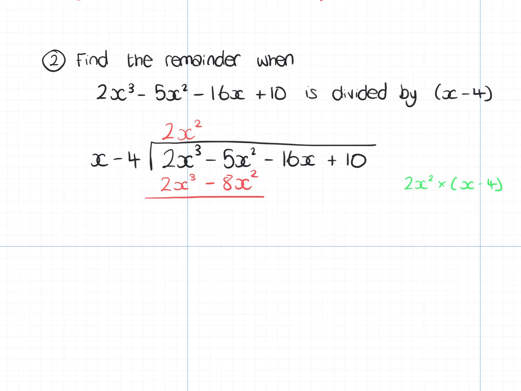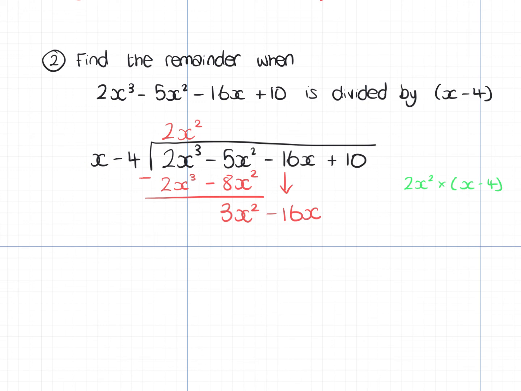If I subtract those to get my remainder, 2x cubed minus 2x cubed is nothing, minus 5x squared minus 8x squared, minus 5 plus 8 is 3x squared, and then I'm going to bring down the minus 16x.